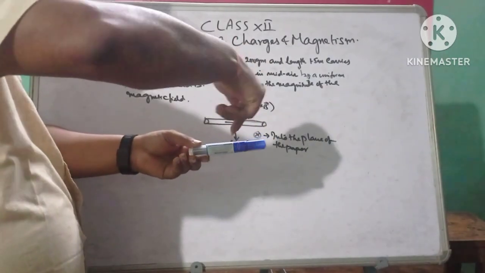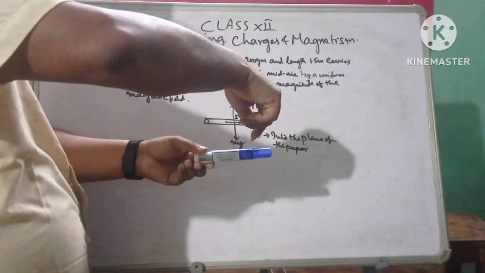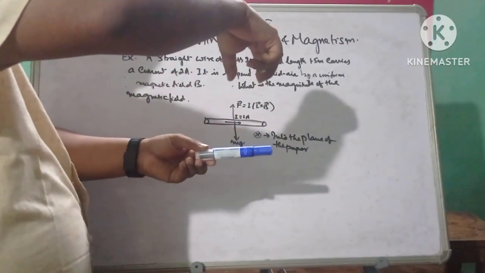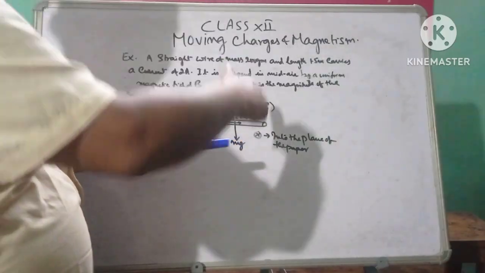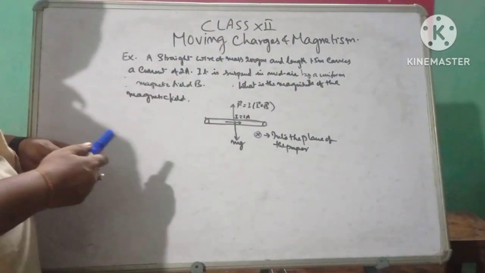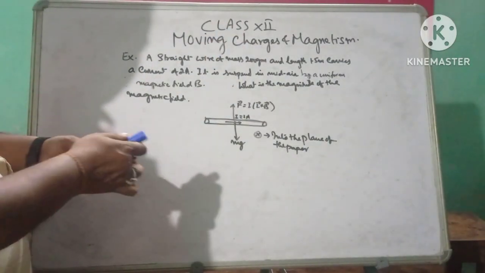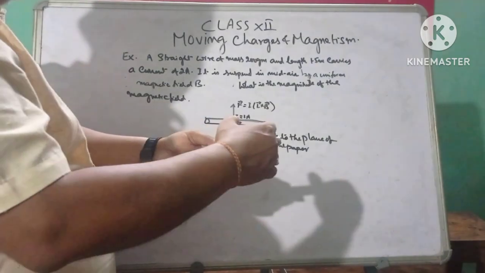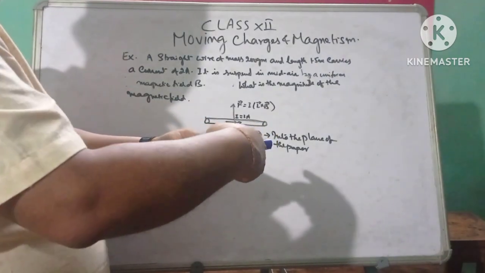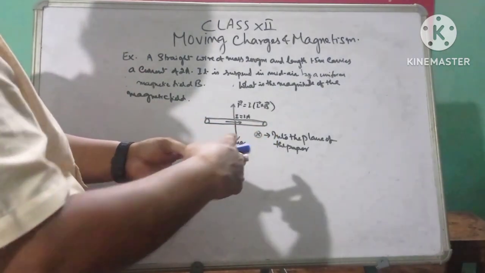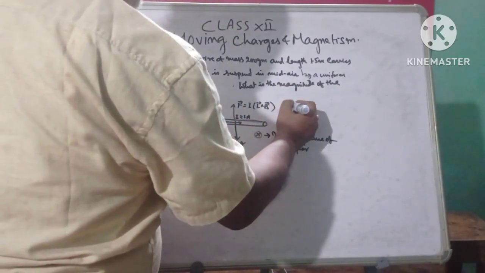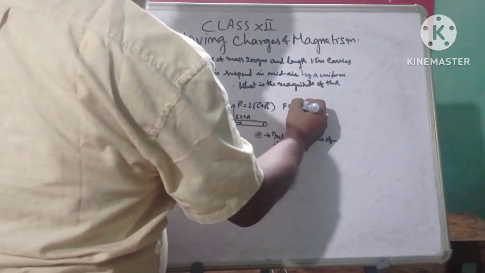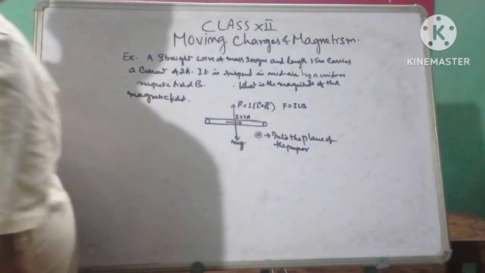Here this is your L, then B, L cross B. That means you are opening the screw, that means the upward direction. So your force will be in the upward direction. And again here, this conductor and B make an angle of 90 degrees. So your force will be I L B, because sine 90 is 1.